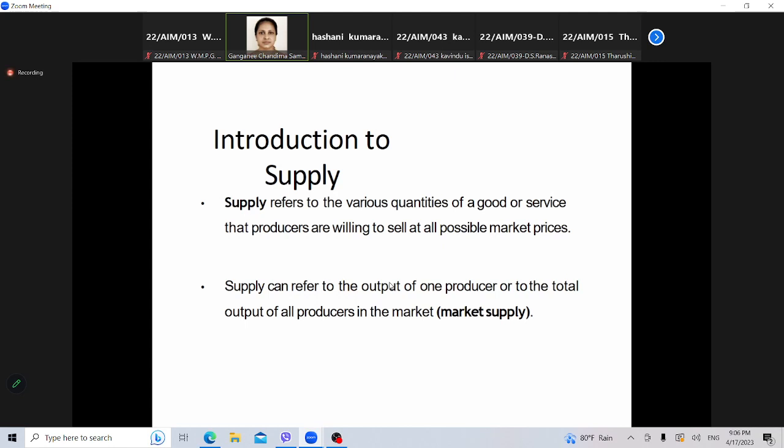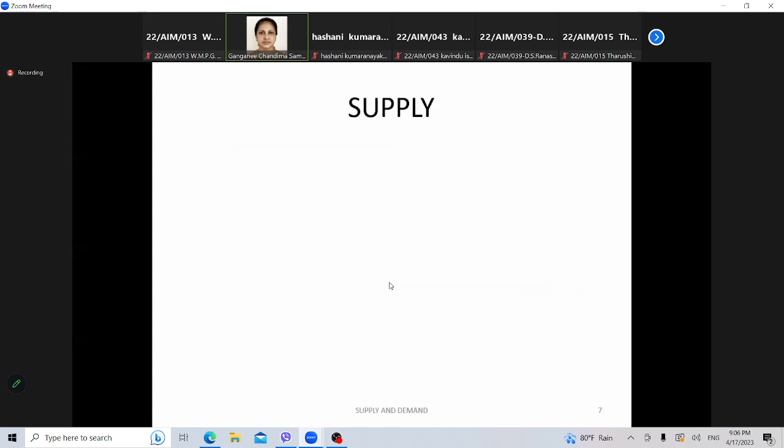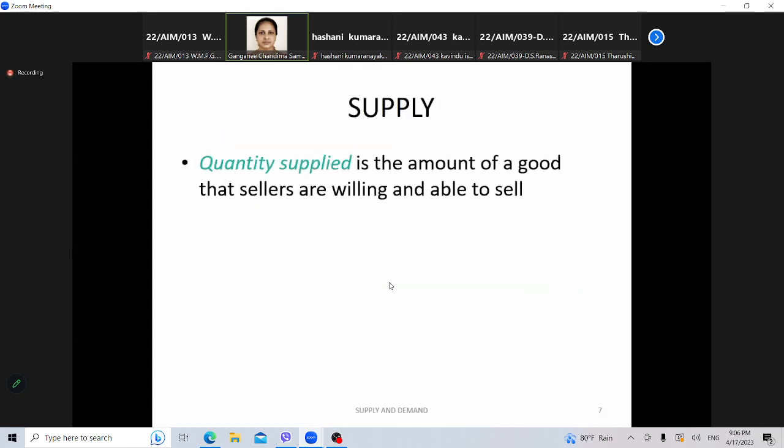So the same way you can derive supply as well. Quantity supplied, same as quantity demanded, is the amount of goods that sellers are willing and able to sell. So these two points are very important. Willing means desire, they like, but they should be able to sell.